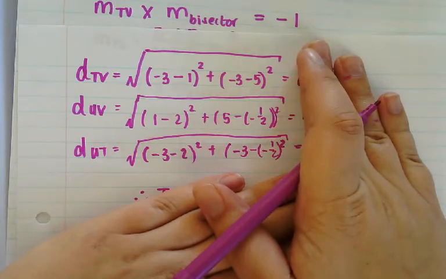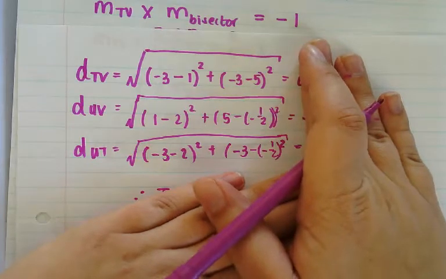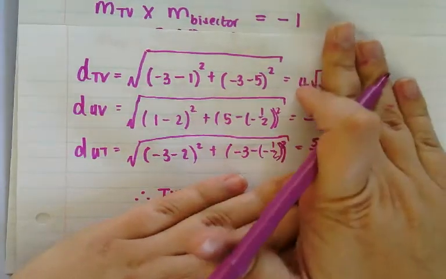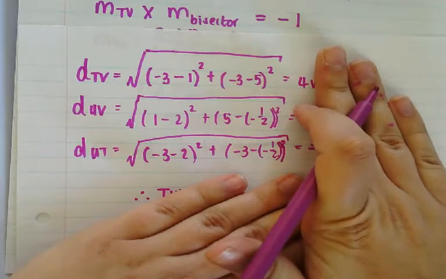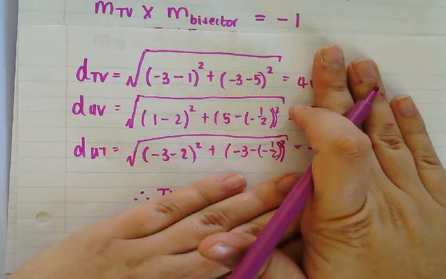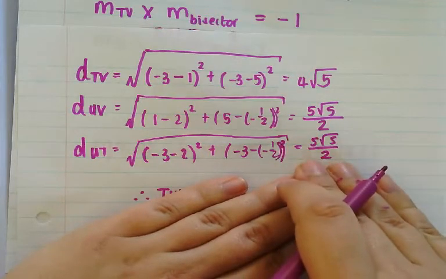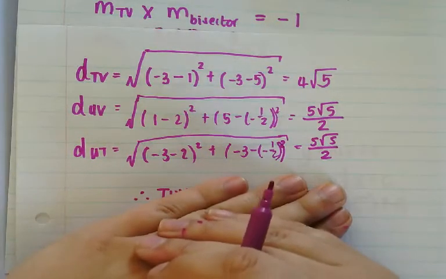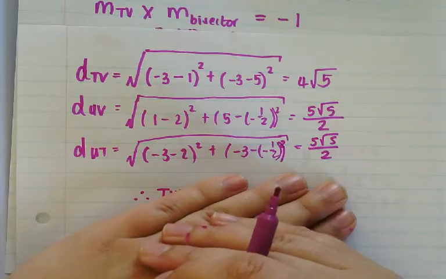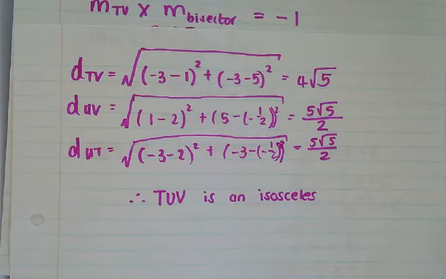And then UT, the same, protecting the negative. Please double bracket when you put it into your equation, else only your half will be squared, not the answer. So you should be getting 4 square root 5, 5 square root 5 over 2, and 5 square root 5 over 2. So based on that information, what kind of triangle do I have? An isosceles triangle, since 2 sides of the triangle are equal in length.